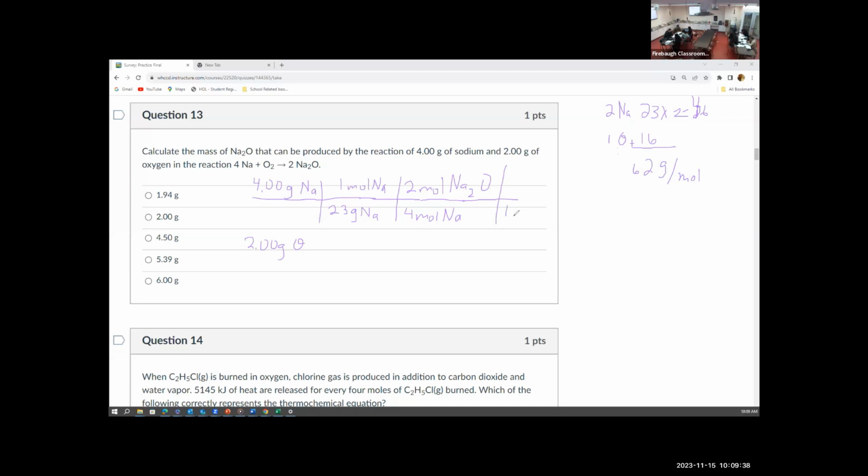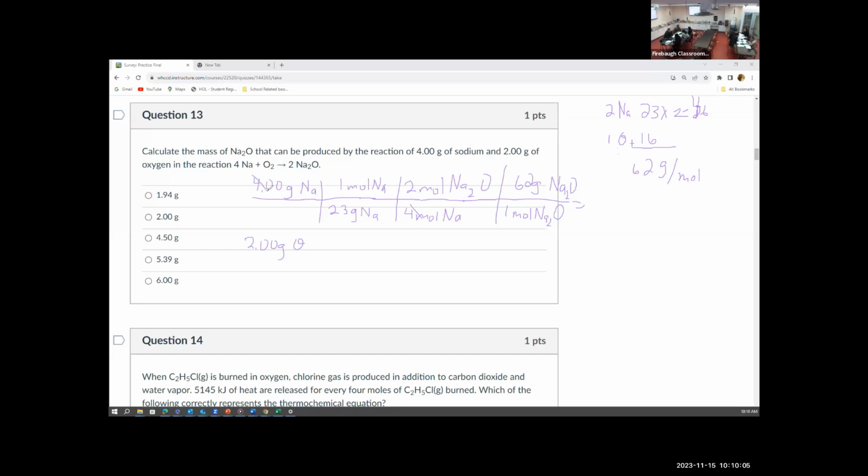So for every 1 mole of sodium oxide, we have 62 grams of sodium oxide. Okay, so if we do that math, 4 is going to cancel out.